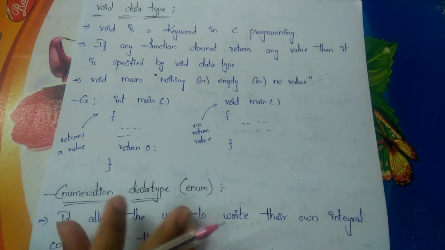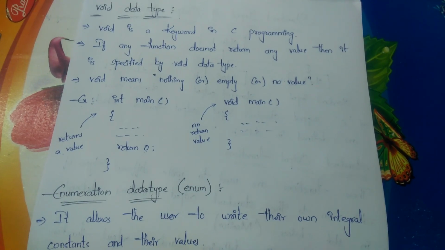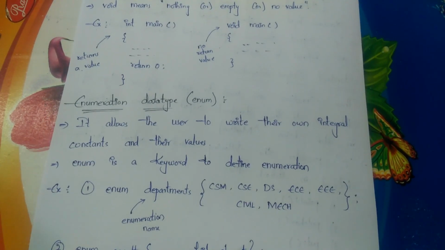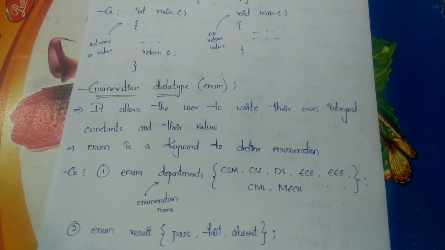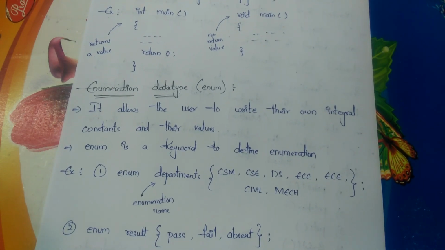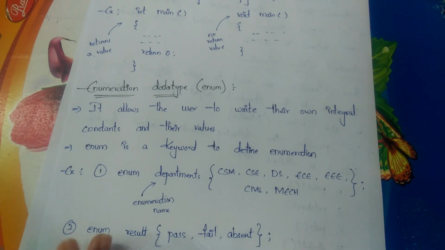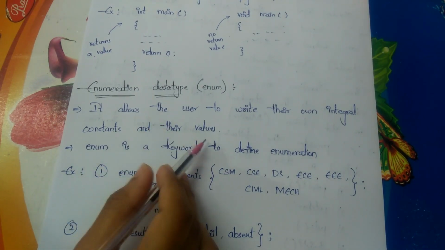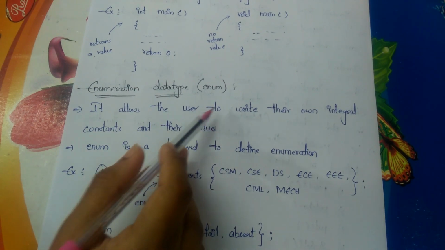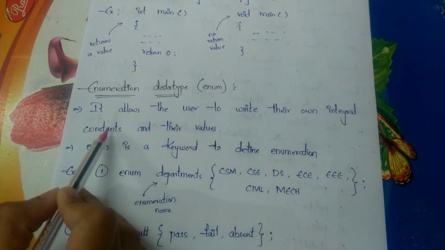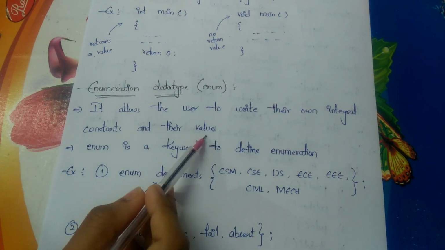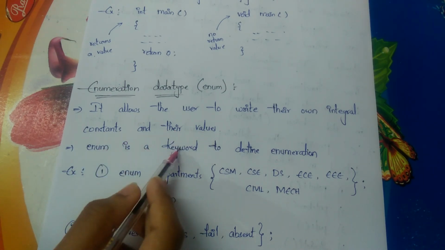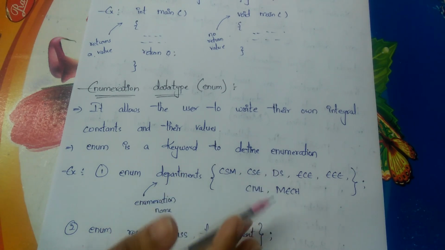And the next, the final one, is the enumeration data type, which is the final type in the data types. The enumeration data type allows the user to write their own integral constants and their values. Enum is a keyword, so we use the enum keyword to define the enumeration.